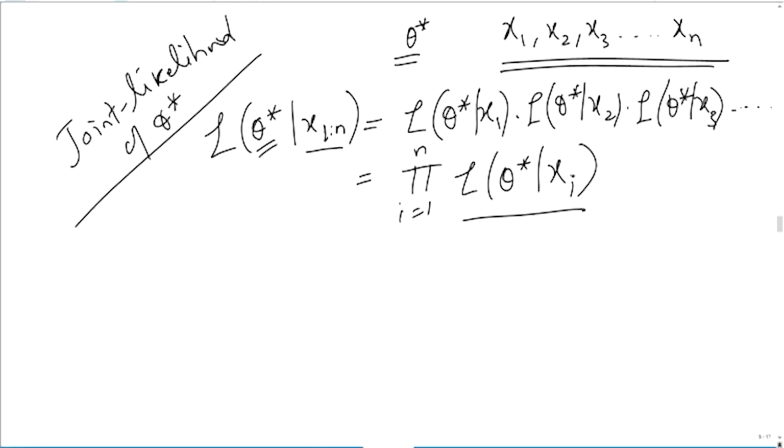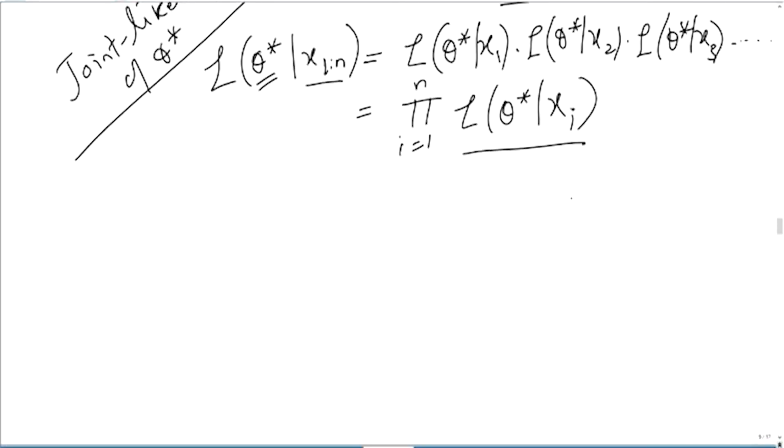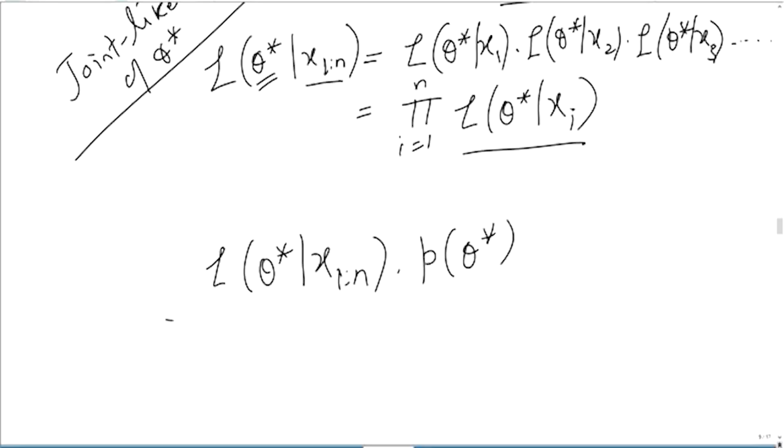The point is that you are actually interested in the ratio of the joint likelihood times the prior density of theta star and the joint likelihood times the prior density of the current state of the chain.